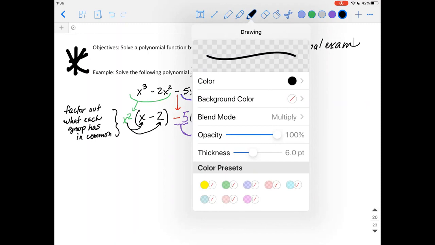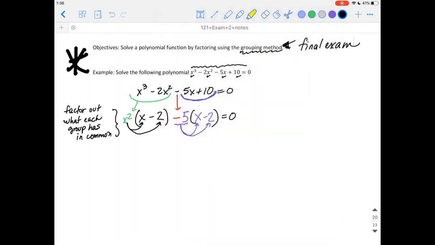So here on this one, this is the key. If you grouped it right, this right here and this right here should be identical. If they're not right, then you did something wrong. And so the trick is that you're going to have a set of parentheses here. This is going to be x minus 2, which is what you have in the two parentheses together, because you're factoring it out.